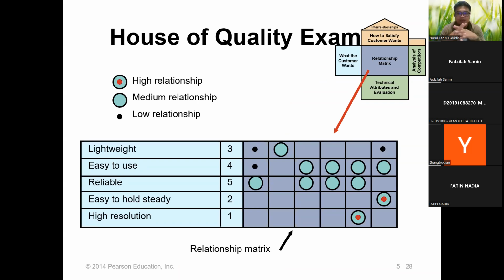We can see lightweight, and reliable, where we have 4 circles. Easy to use, we have 4 on the medium relationship. Easy to hold, steady, we have a high relationship. Also high resolution, we have 1 relationship.